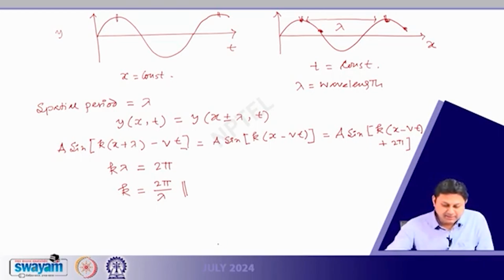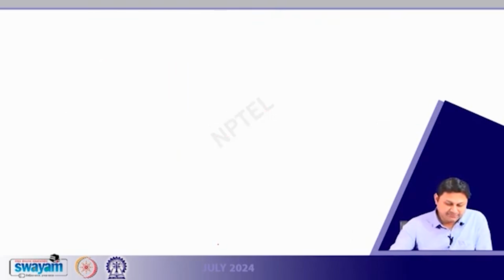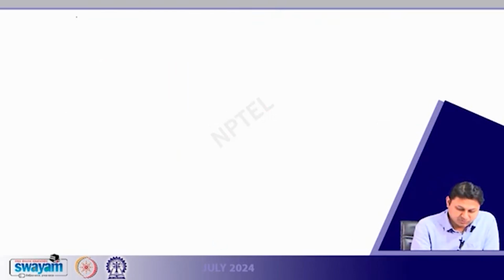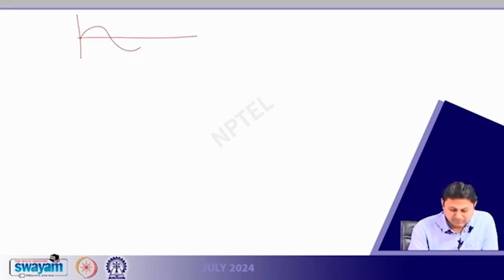Like the spatial period, we can also have a temporal period. So let me draw it once again. I have y as a function of x and t. This is the harmonic wave.